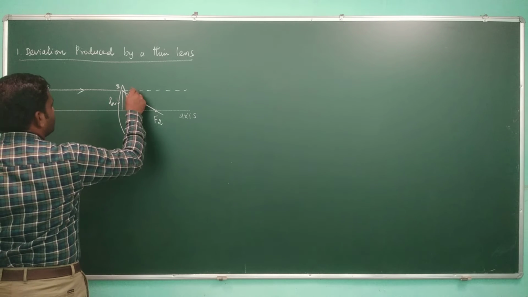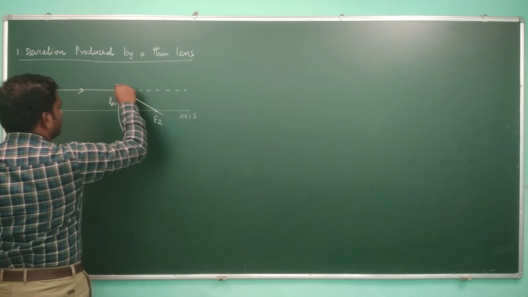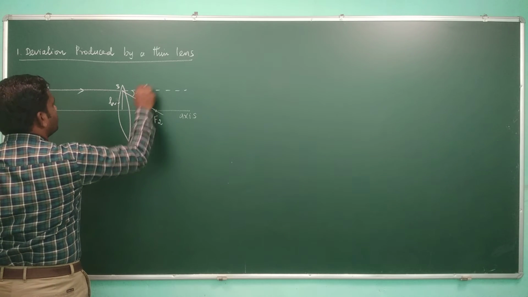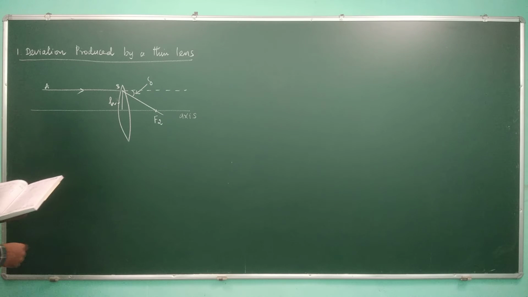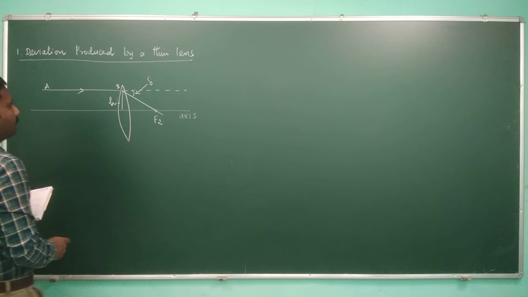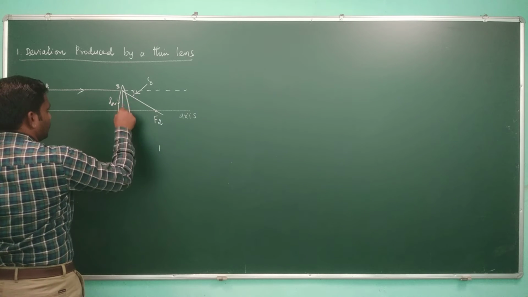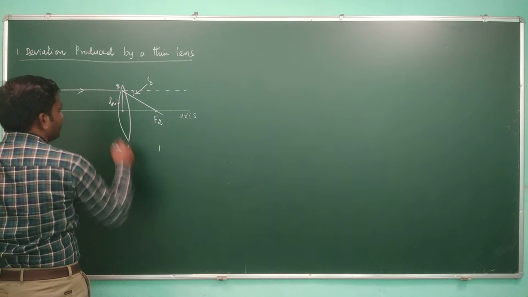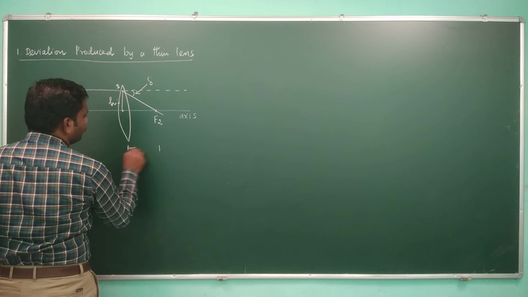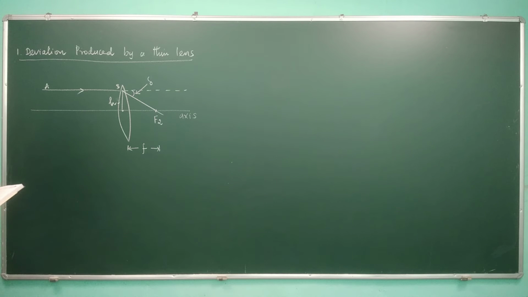Now the angle between the original direction it is supposed to travel and the deviated direction is denoted by delta. It is the angle of deviation. Now the distance from the center of the lens to the point F2 is the focal length f of this lens.